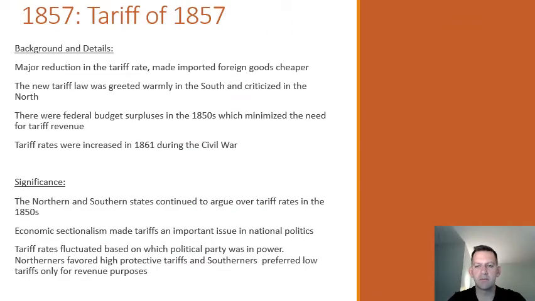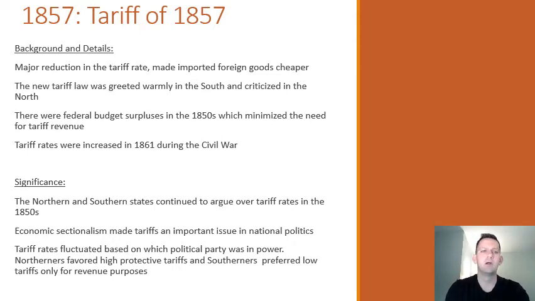This next item on our timeline, to be honest, isn't really a cause of the Civil War. But I wanted to include the Tariff of 1857 to highlight a bigger point.